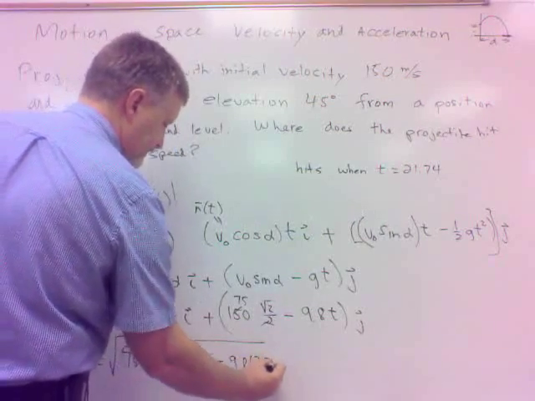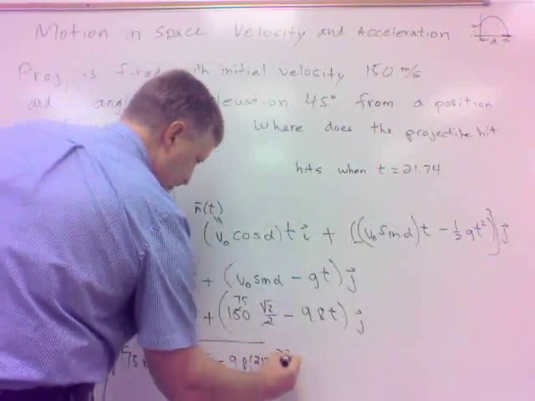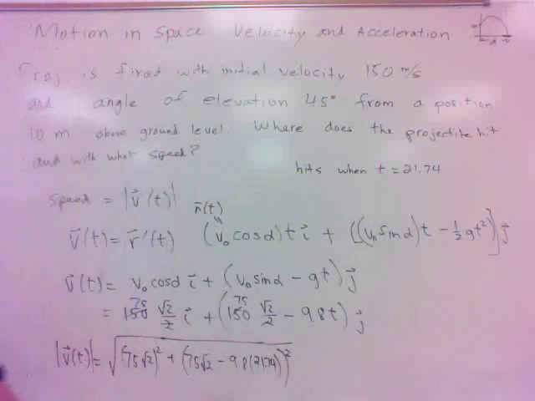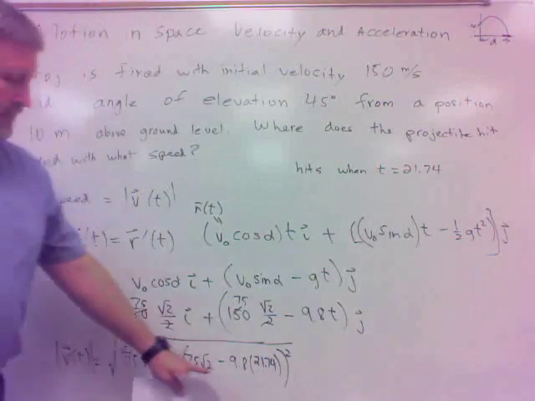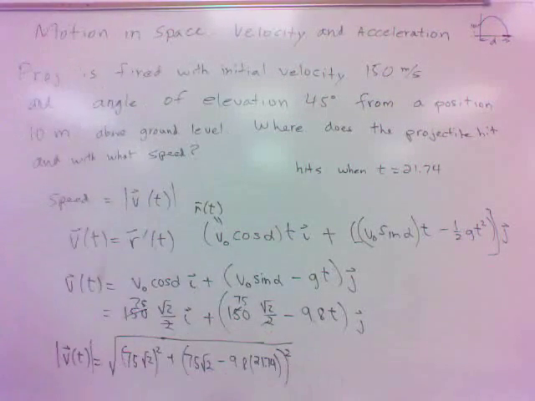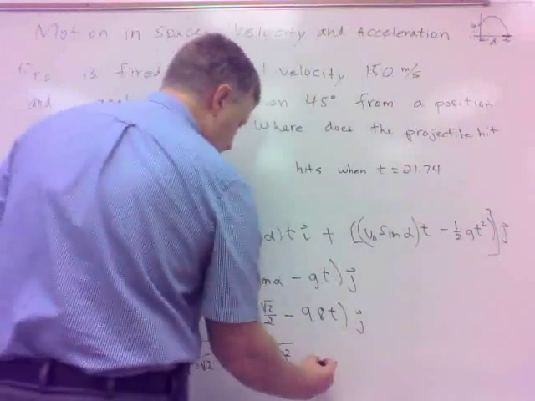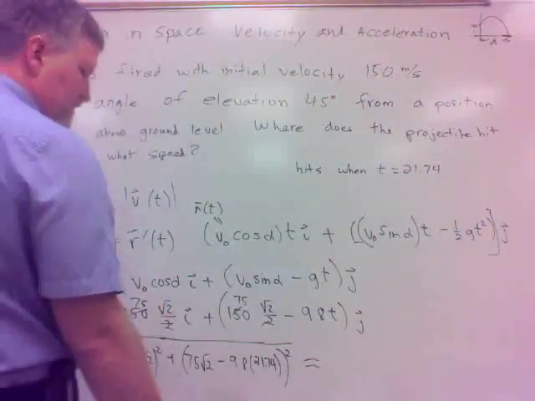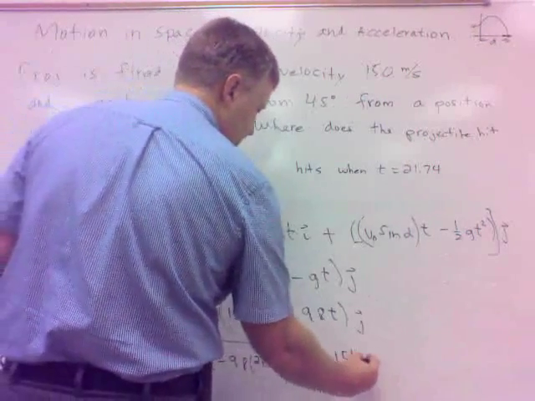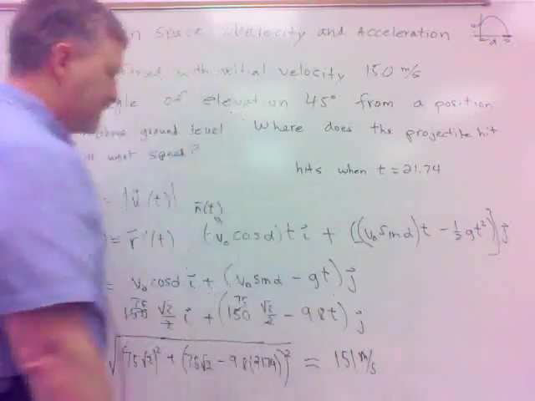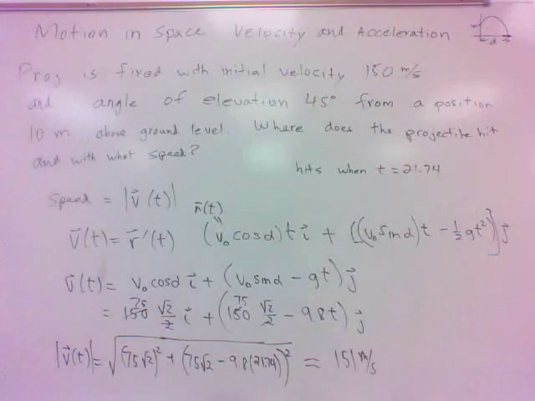Multiply that, subtract that from the 75 square root of 2, and then square that. That would be our magnitude. And that turns out approximately to be 151 meters per second.